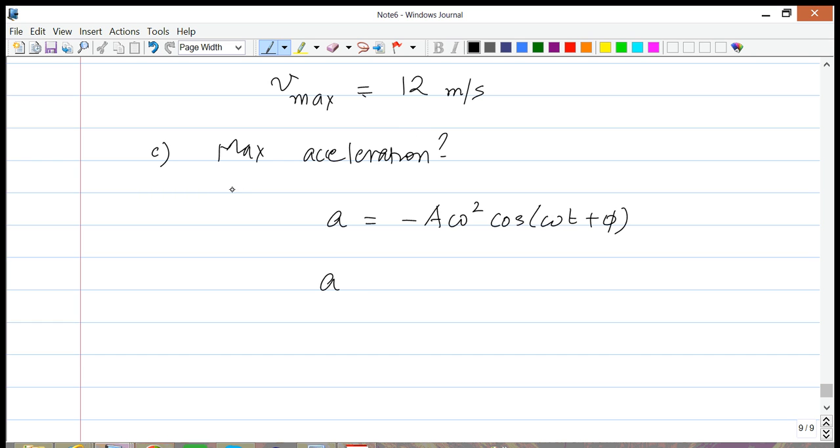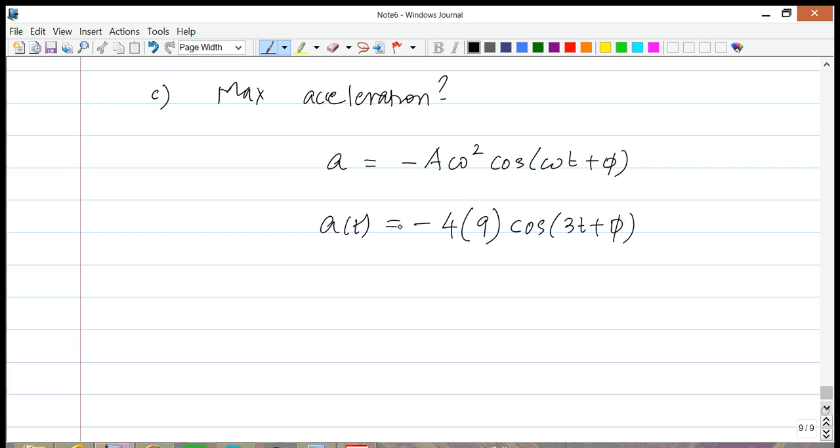In our case, a of t will be negative 4 times 9 times cosine of 3t plus phi, because omega is 3, square of 3 is 9, and so a max is going to be equal to 36 meters per second squared.